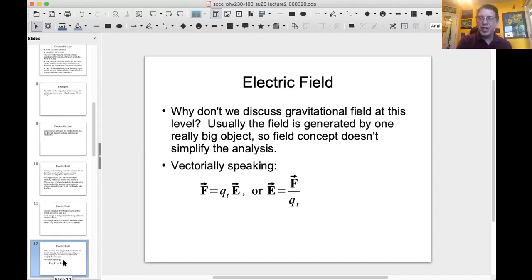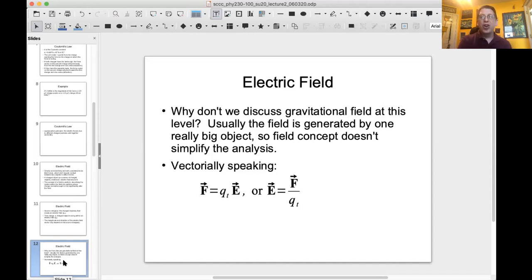Also, usually with gravity, the field is being generated by one really big object, so the field concept doesn't simplify the analysis, at least not at the physics 1 level. But with electric fields, it can. You'll see that more as we go on. There are a lot of important physical quantities that are related to the electric field, either directly or indirectly, and so it's very important to talk about the electric field for that reason.